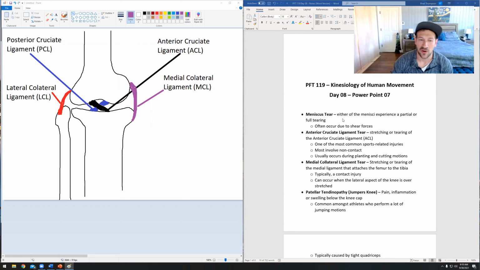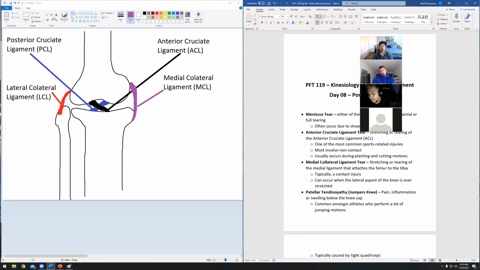All right. So those are the ligaments, right? So the ACL tear. You can start to imagine what would happen if I swung this bone right here out this way, and then I swung this bone away in the same direction. Say I tilt this one down this way.